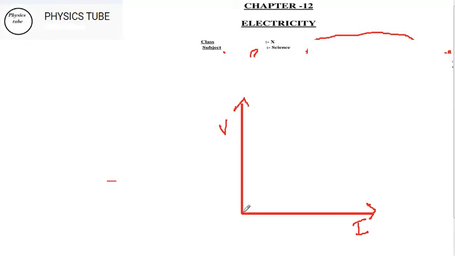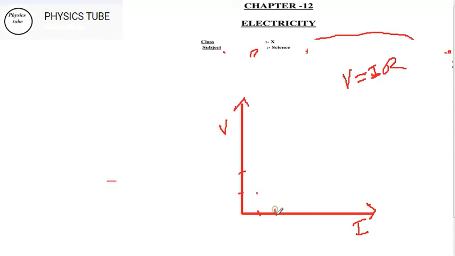As per our theory, Ohm's law says V is equal to IR. So I can find out I also from this graph. Suppose, as per theory, whatever value of V, that should be of I. So this is the first point.